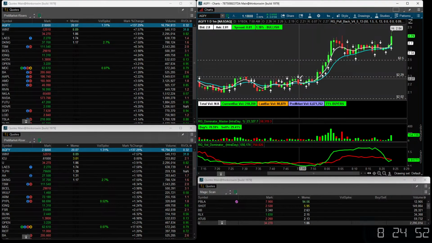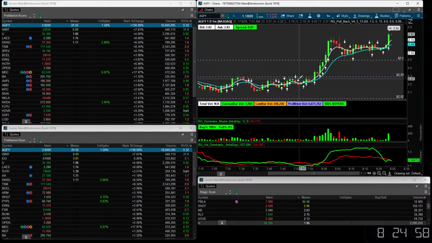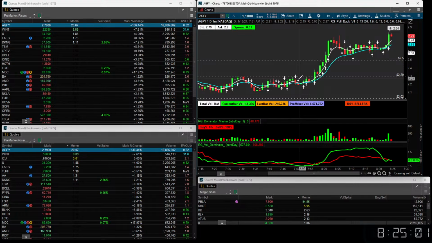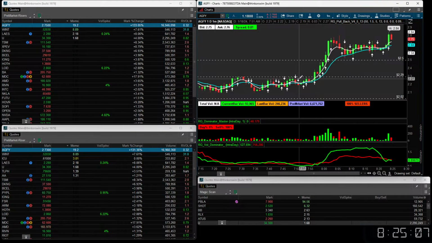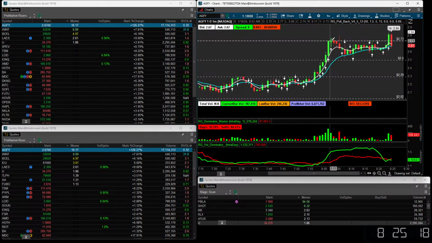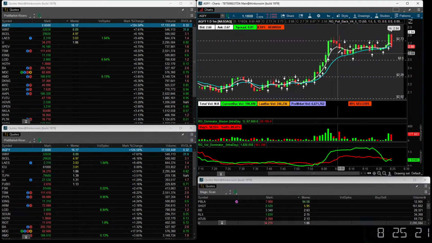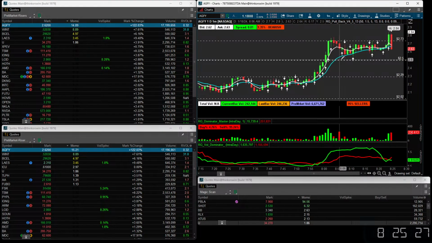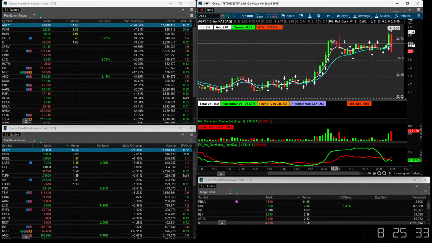You'll have to be here each morning and watch us play these pullbacks. They vary in size. They vary in red candles. They vary in activity. But usually they consist of a run up, and we don't chase green candles. And then once it quits running up, I mark a resistance level, and then it'll usually pull back 2 or 3 candles, sometimes just one, and I'll set a support level like down here, and the stock bounces back up higher than the resistance level.